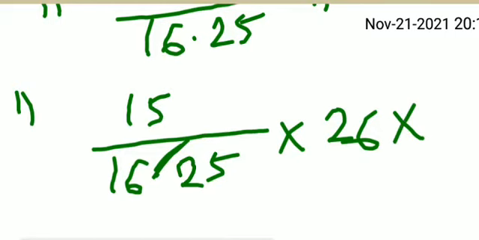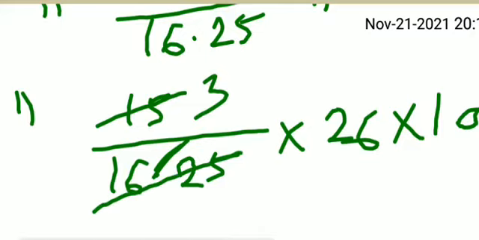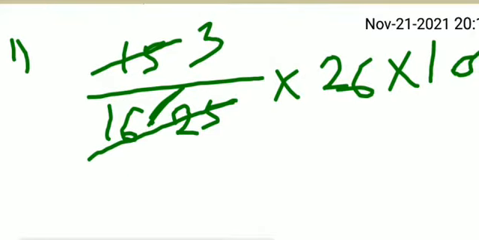So now we have to calculate. 15 cancelled by 5, it will be 3. 5 3s are 15, and 5 3s are 15, 5 2s are 10, 5 5s are 25.